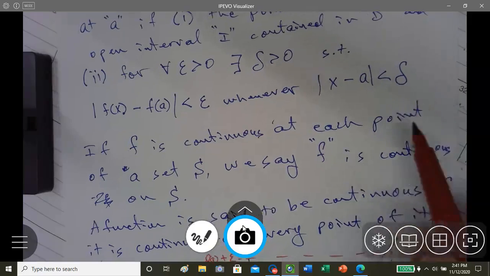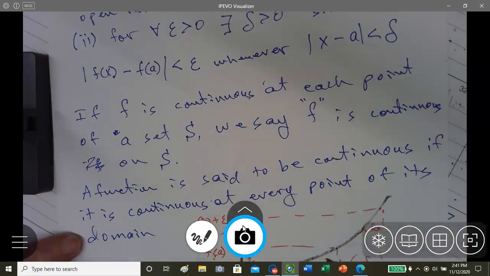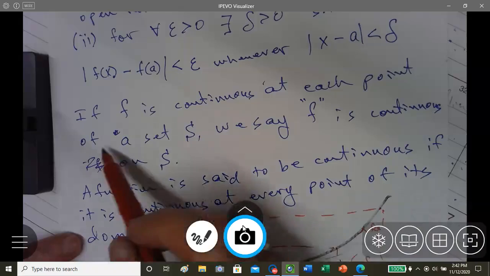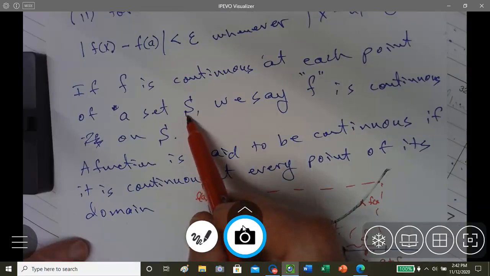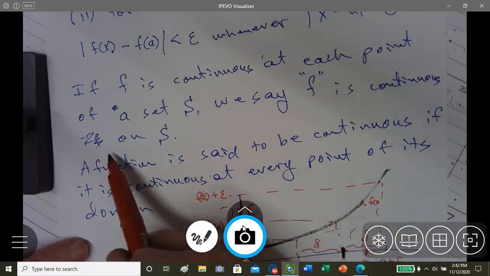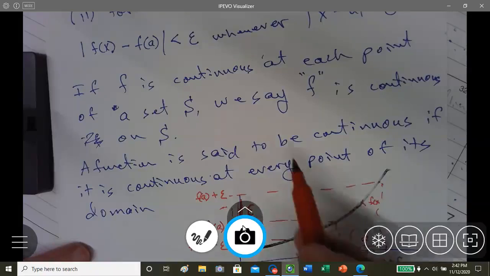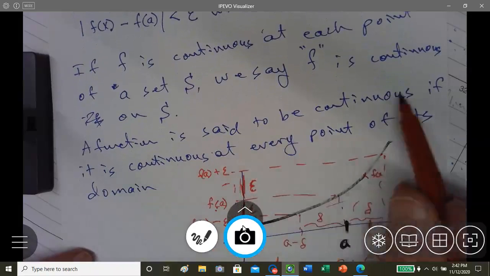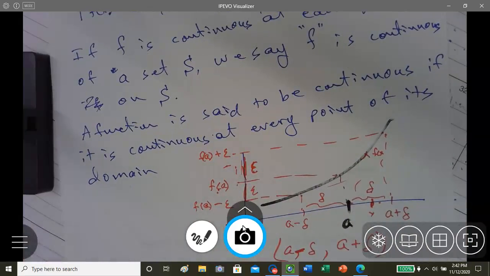Okay. If f is continuous at each point of set S, we say that our function f is continuous on set S. So all the points that we're referring to are all within set S. A function is said to be continuous if it is continuous at every point on a domain.